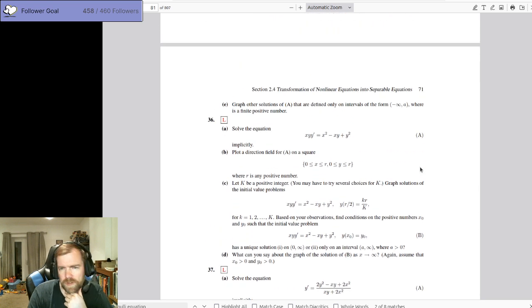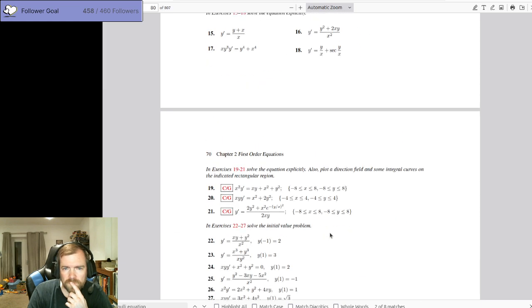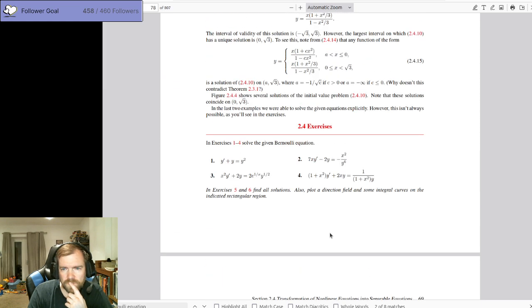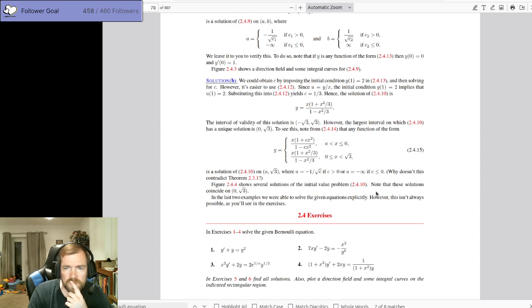This might be something where you can't actually do it, but here we can find something close. Okay, so here, these end up being binomials or something similar. Oh, transformation of nonlinear into separable. It's close enough.